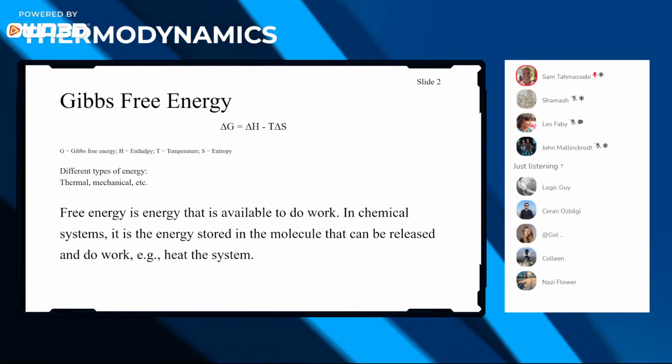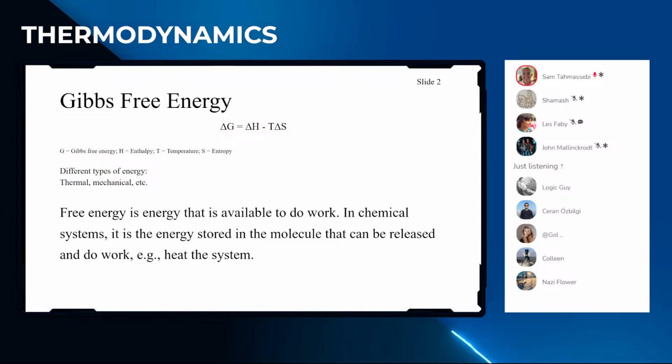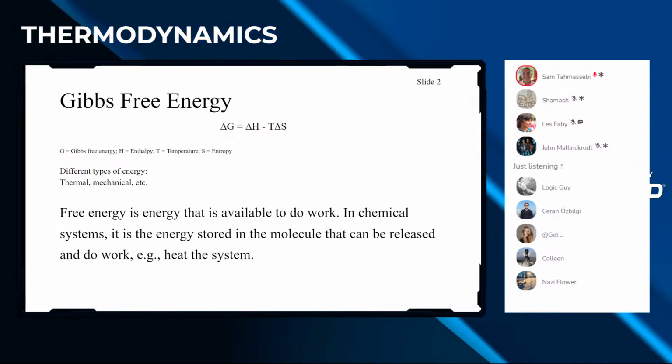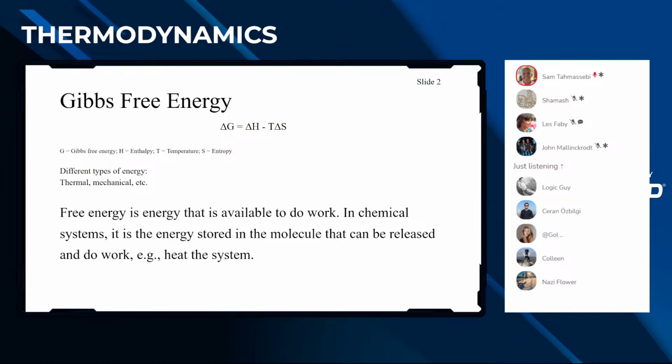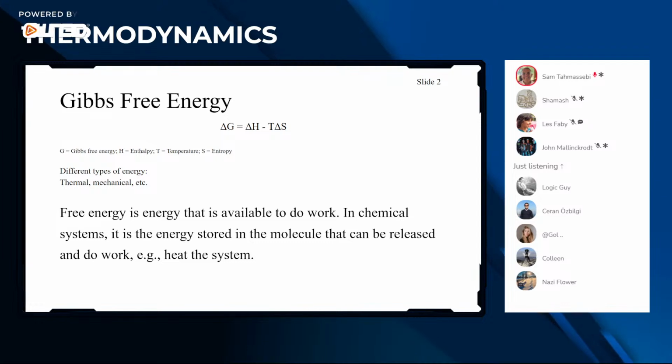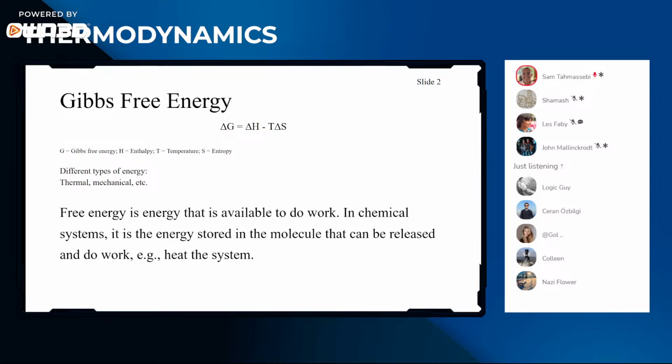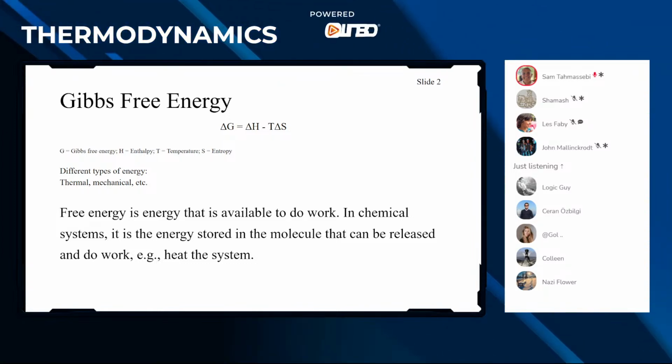In our conversation in chemical systems, it's the energy that's stored in the molecules that can be released during a chemical reaction, or it actually is the internal energy of the molecule. And when that energy is released, it can do work. For example, it can heat the system or other things. So that's why it's called free energy, because it's not tied up in other forms like thermal or mechanical.